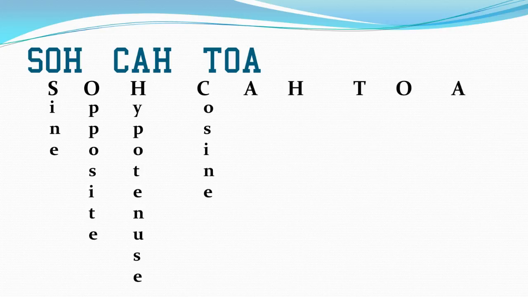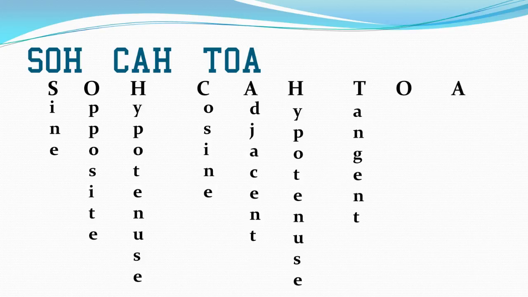C stands for cosine, which is the ratio of adjacent over hypotenuse. So if your problem has two sides, one given, one unknown, and they are the adjacent and hypotenuse based on the given angle in the problem, you're going to use cosine. Tangent is TOA, which is the ratio of opposite side divided by the adjacent side.